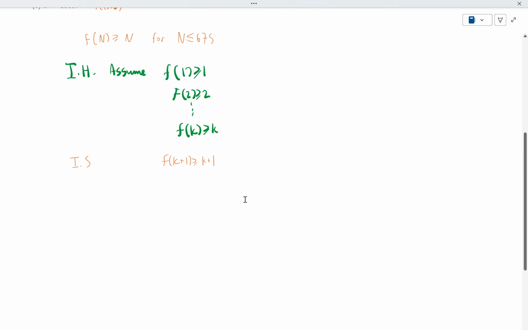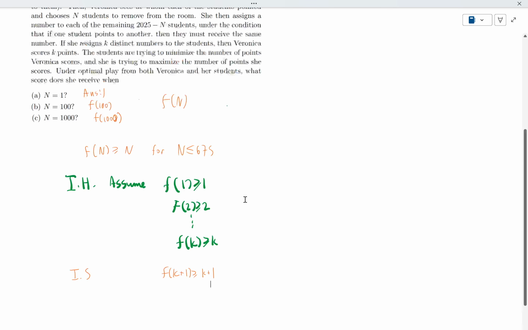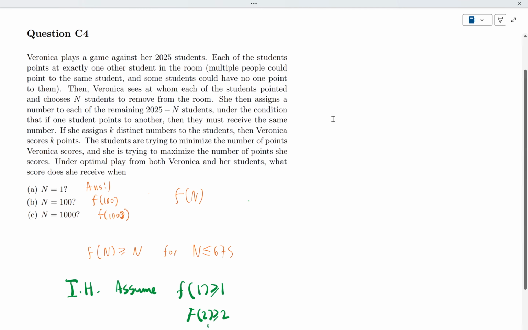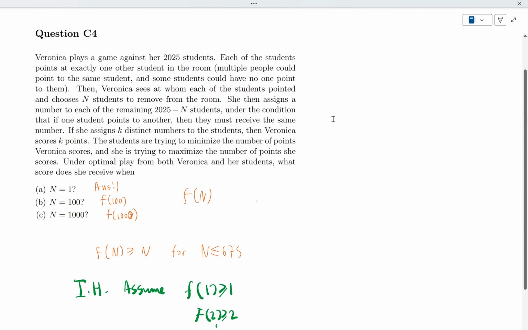Now, let's look at how Veronica can actually score points by removing people. Let's call a dead end someone who has no one pointing to him. If you have this graph, then this person is a dead end because no one is pointing to him.